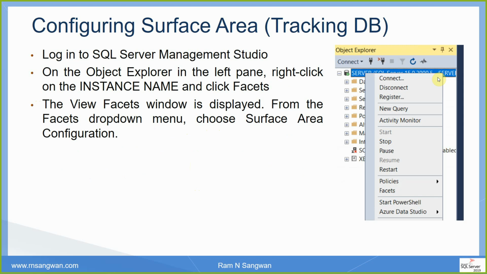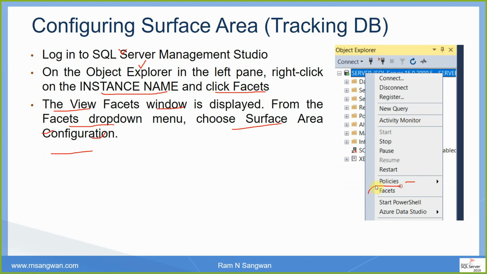Configuring the surface area, that is, tracking DB. Log into SQL Server Management Studio. In the Object Explorer, in the left pane, right click on the instance name and click on Facets. The View Facets window is displayed. From the Facets drop-down menu, choose Surface Area Configuration.